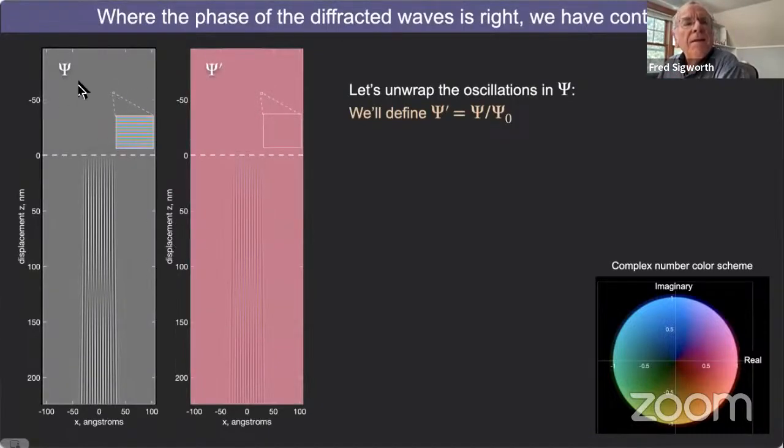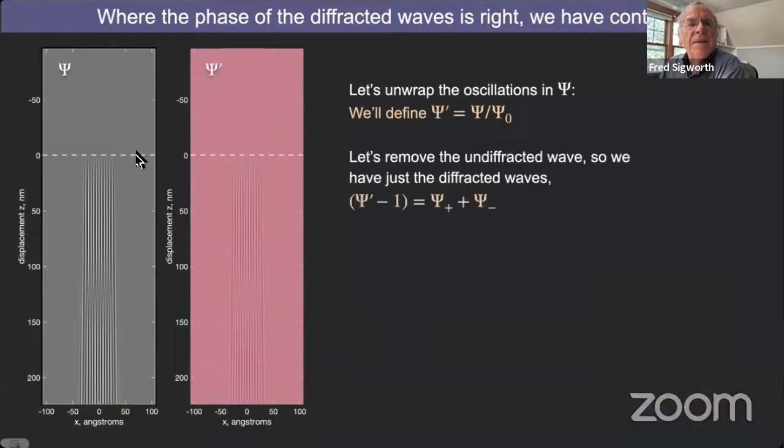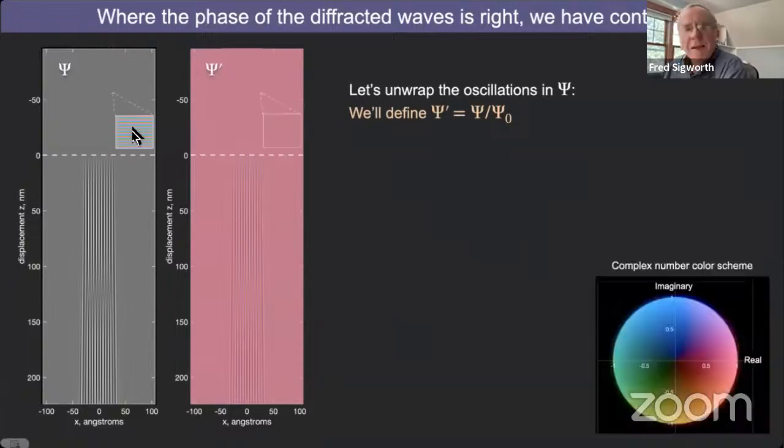Okay, so here's another part of the simulation. This is what I showed you before, and if I really magnify this, yep, there are these little electron waves that are so tiny that we can't see. So what I'm going to do first is unwrap this periodicity. The way I will do it is I'm going to divide the actual wave function by the unscattered wave function.